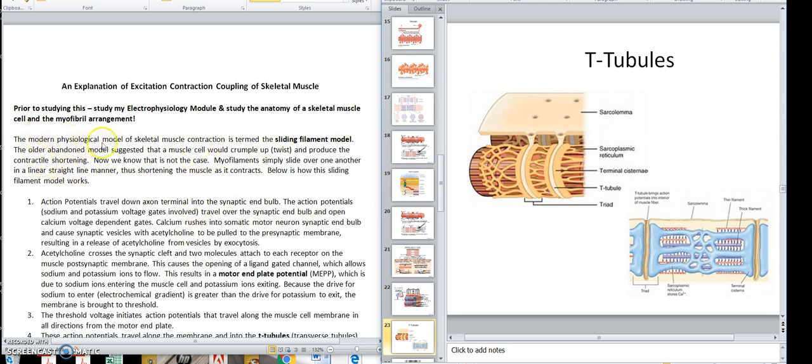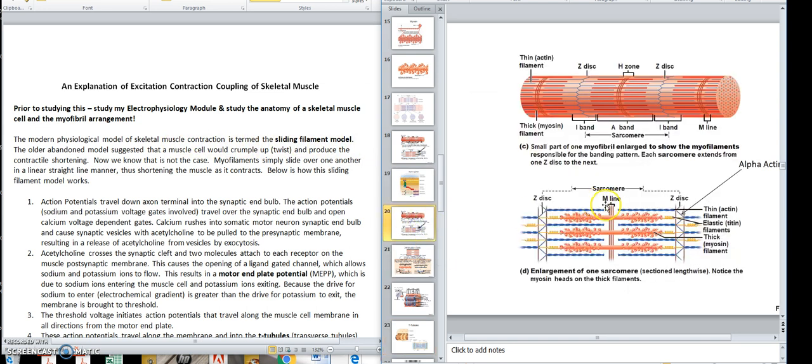The modern physiological model of skeletal muscle contraction is termed the sliding filament model. See, these things slide. The older abandoned model suggested that a muscle cell would crumple up, twist up, and produce the contractile shortening.